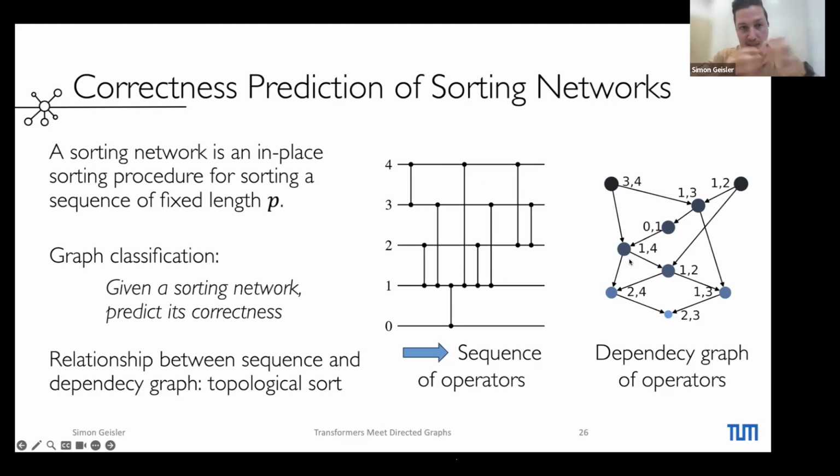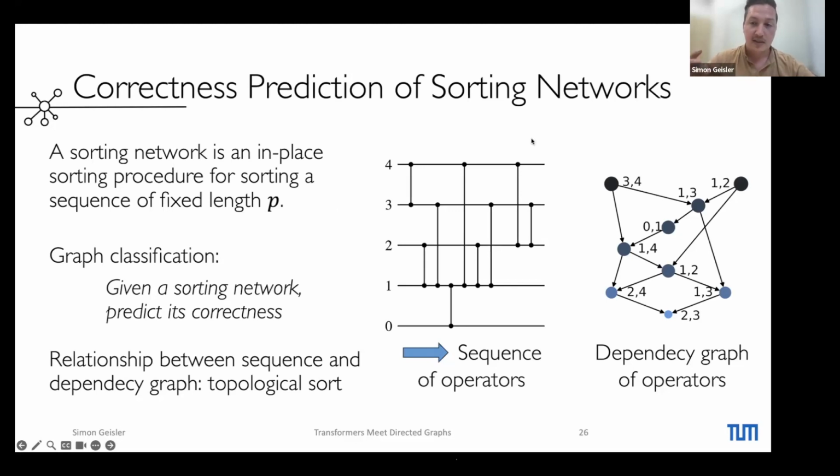So we have this sequence correspondence and this dependency graph correspondence. It's very nice that the sequence and graph representations are perfectly aligned, so there are no tokenizer differences, as we would have in many other applications. That's also one of the reasons we chose this.